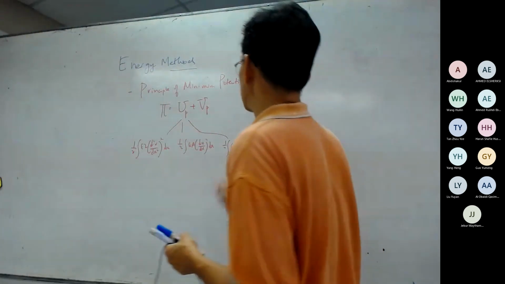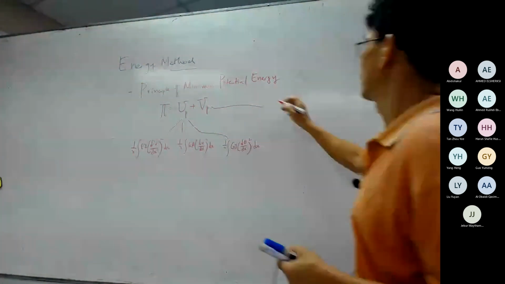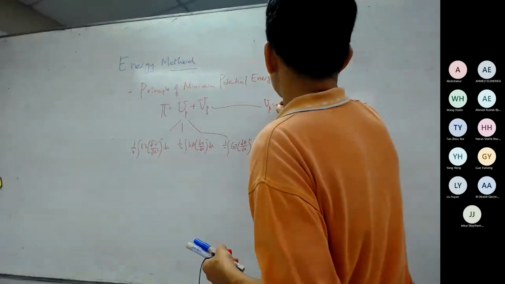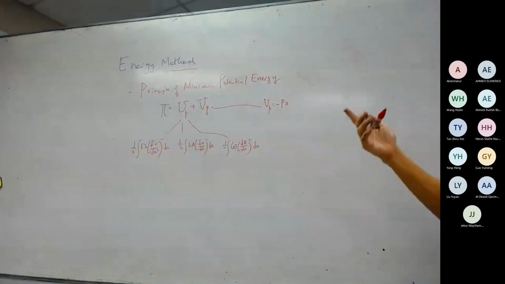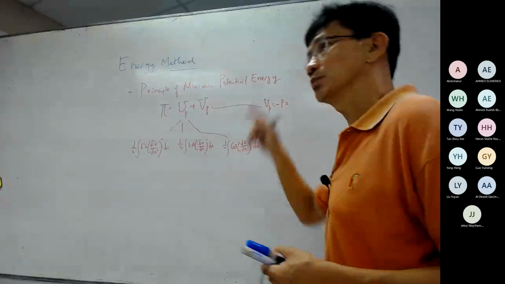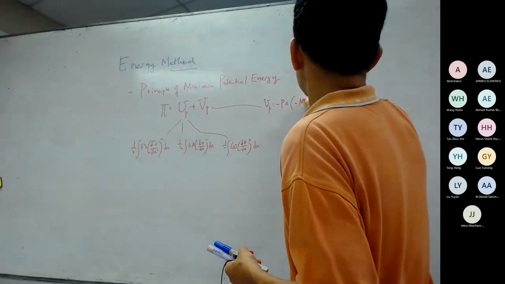And the other one is the potential energy of the external load. If it is a point load, then it's negative P multiplied with the corresponding displacement in the direction of P, or if it is a moment, then you have to multiply with theta.